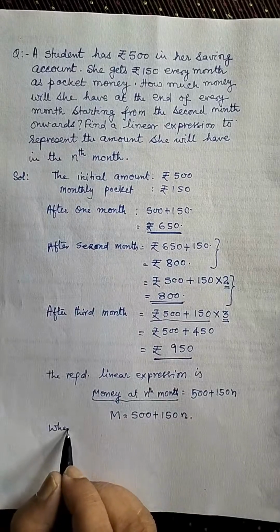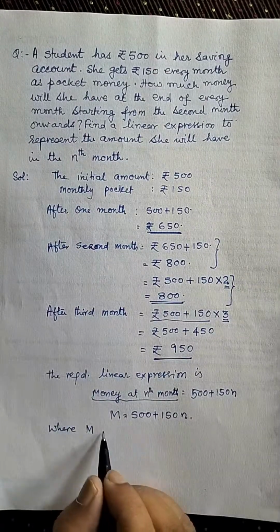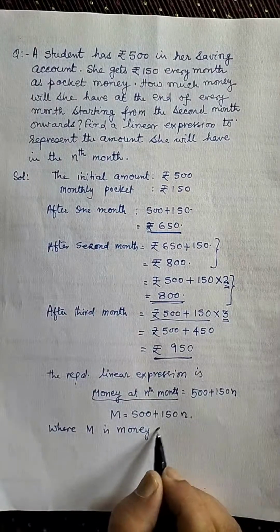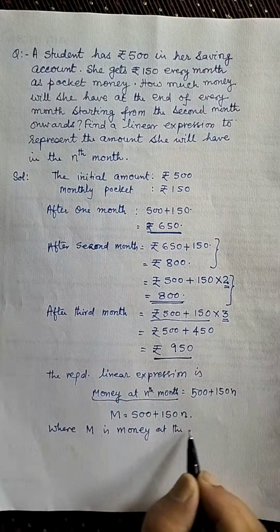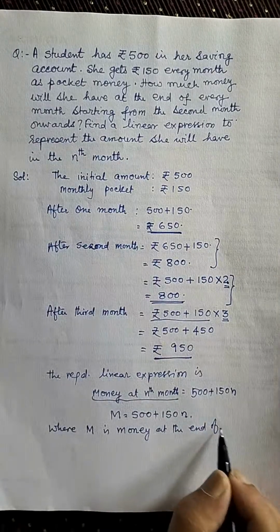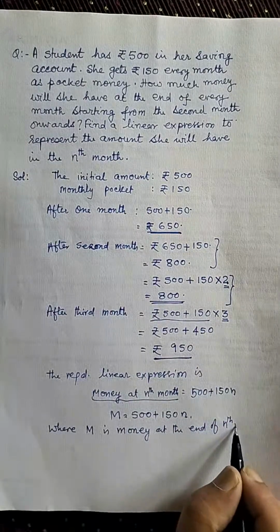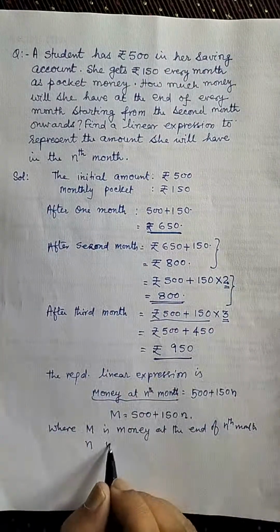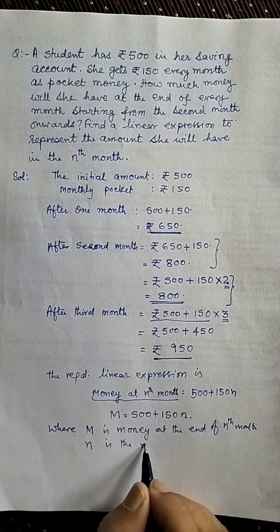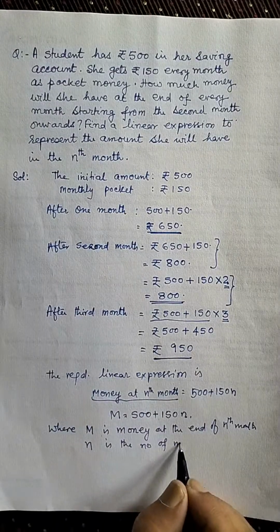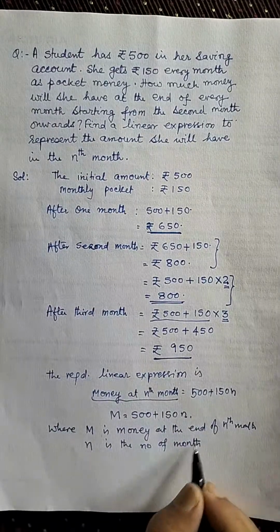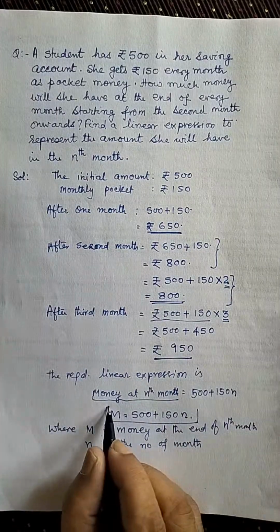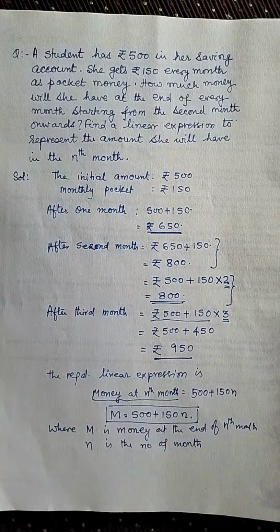Where M is money at the end of nth month and n is the number of months, then this is our required linear relation in this case.